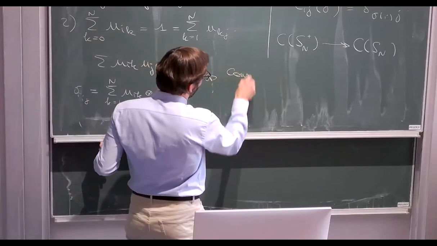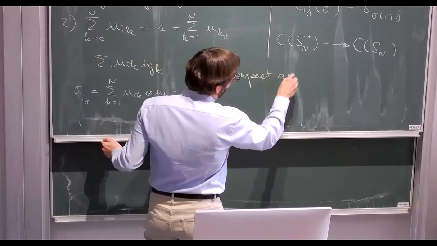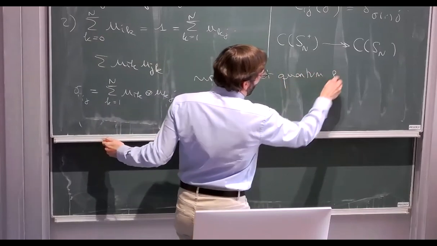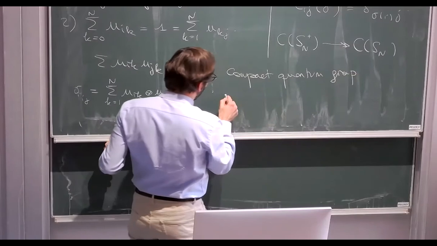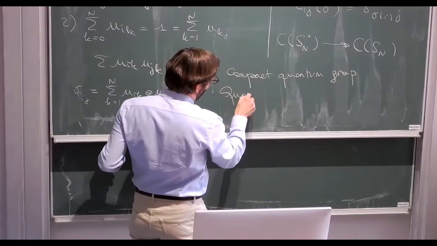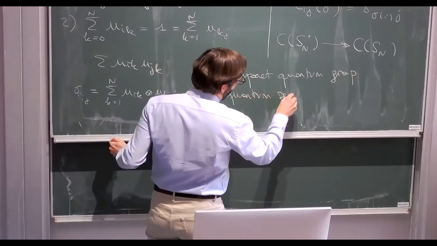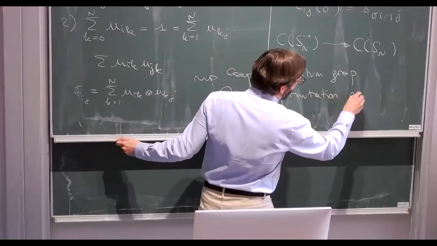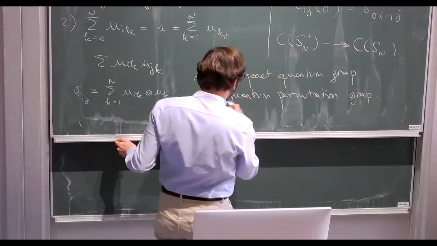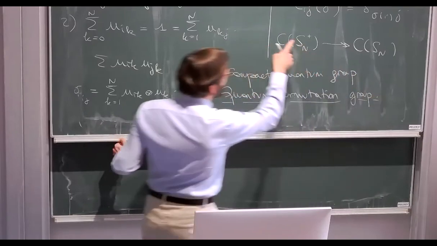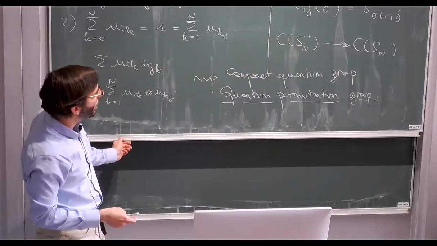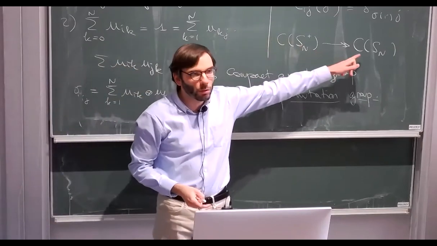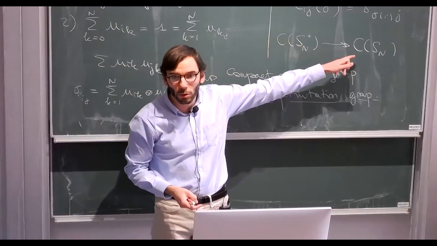This gives a compact quantum group, and it's usually called the quantum permutation group. Now, why is it called a quantum permutation group? For two reasons. The first reason is, as I said here, that its maximal abelian quotient is the algebra of functions on the classical permutation group.